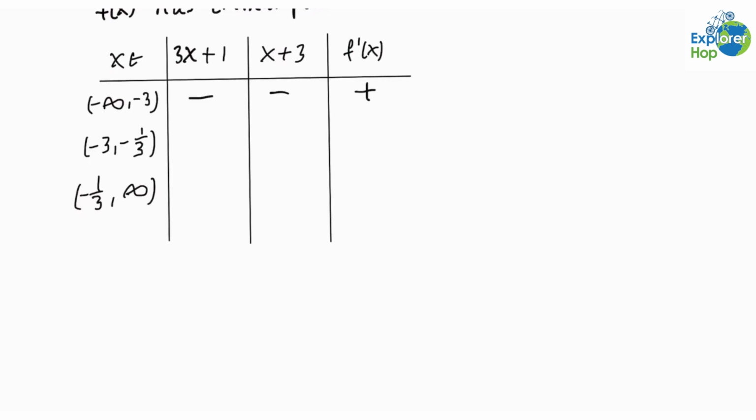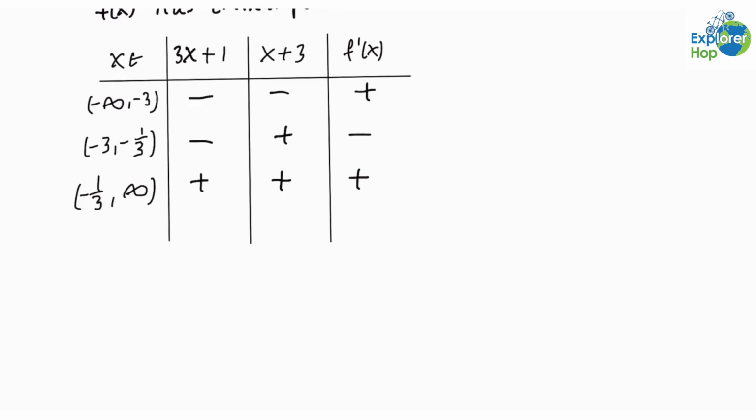So if x is in the interval from negative 3 to negative 1 over 3, 3x plus 1 is negative, x plus 3 is positive, which means that the derivative of f of x is negative. And if x is in the interval from negative 1 over 3 to infinity, 3x plus 1 is positive, x plus 3 is positive, which means that the derivative of f of x is positive.